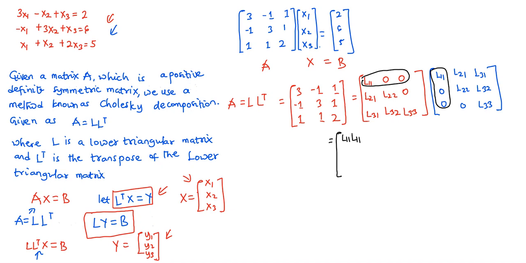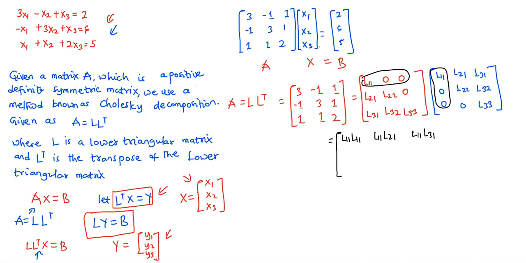Okay, so let's do the first row, second column. You're going to have L11 multiplying L21 plus 0 multiplying L22 plus 0 multiplying 0, and then you're also going to have row 1 column 3. You're going to have L11 multiplying L31, and then plus 0 multiplying L32 plus 0 multiplying L33.